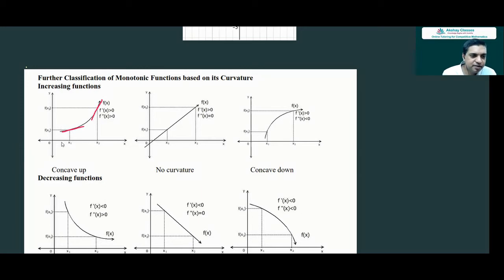Whose slope is greater? The tangent at x2. The inclination with the x-axis is greater, so the slope will be greater. What is slope? Slope is the derivative. So f dash x gives us the slope. Now when you study these slopes, when you move from left to right on the x-axis, the slope value for this function is increasing. So in this case, f dash x is an increasing function.